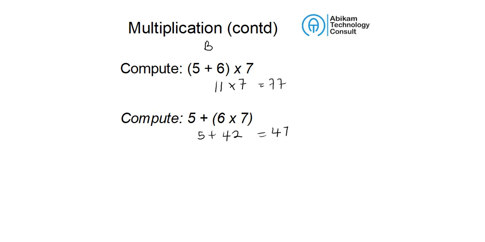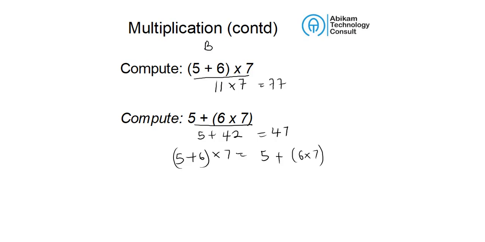So it means this does not hold. So 5 plus 6 times 7 is not equal to 5 plus 6 times 7 with the brackets placed differently. It must be the same operation before it can hold.